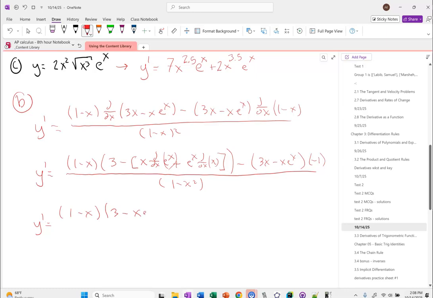So I have x e to the x, and then minus, the derivative of x is? 1. 1, so I have e to the x times 1, or just e to the x. Where'd the negative 1 go? I multiplied it to make that a positive.